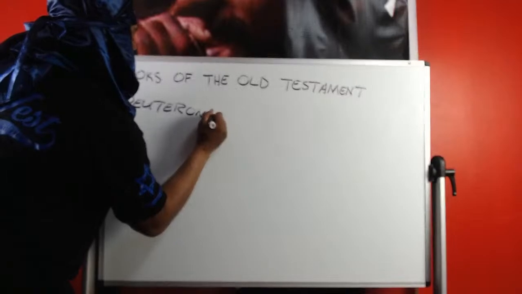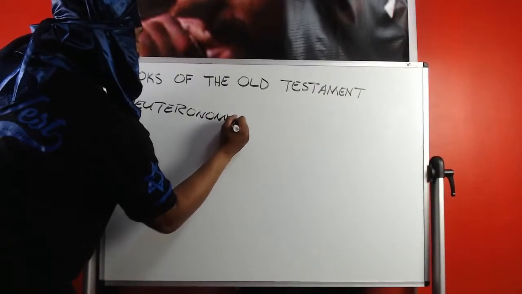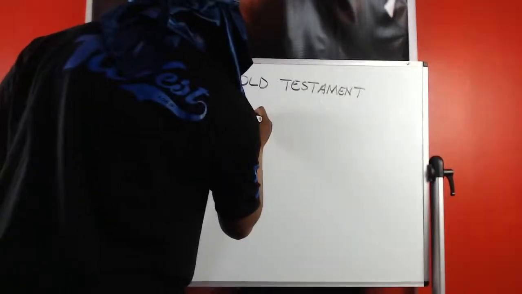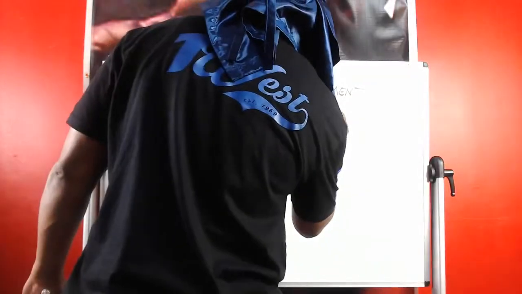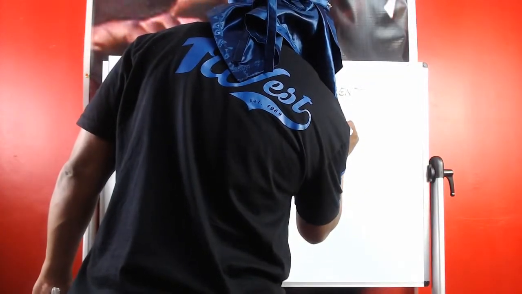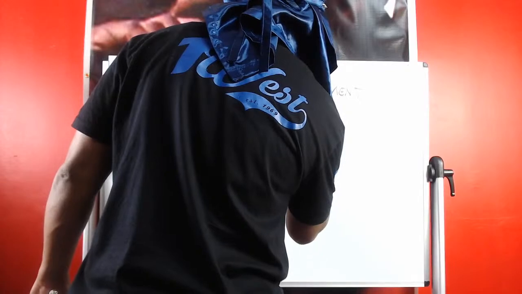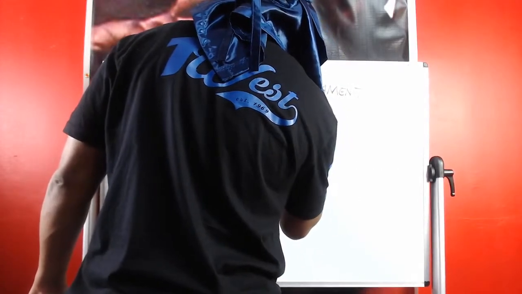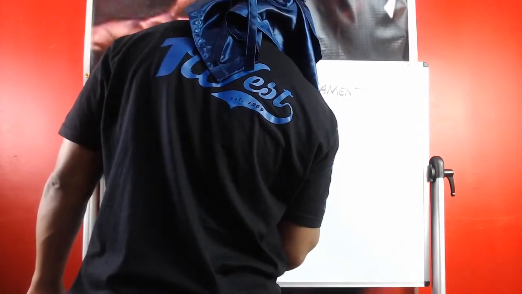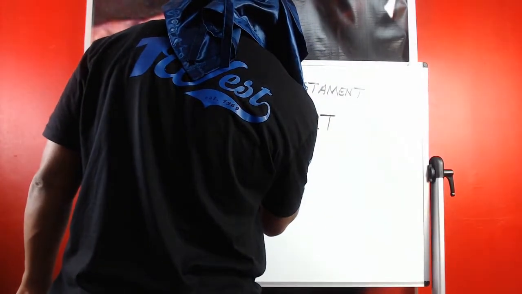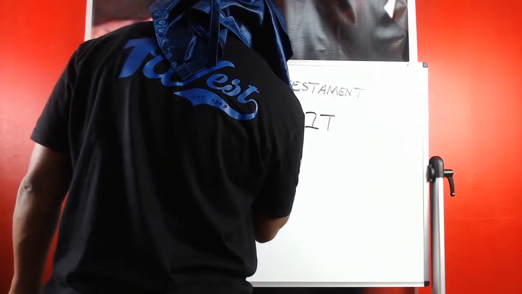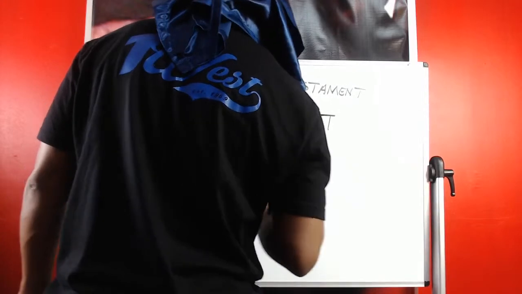Deuteronomy. We have the, ba, ra, ya, and then ma. Okay?